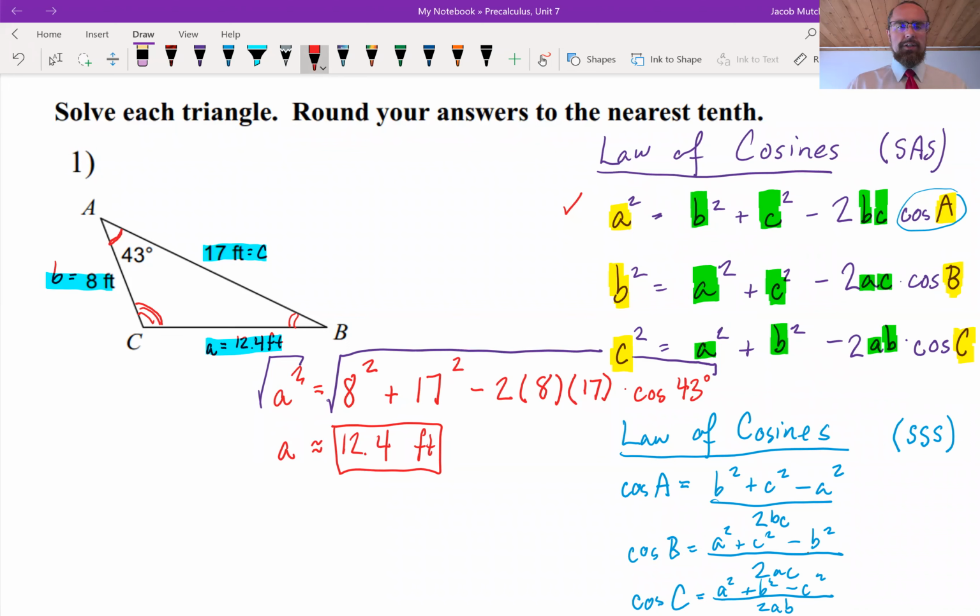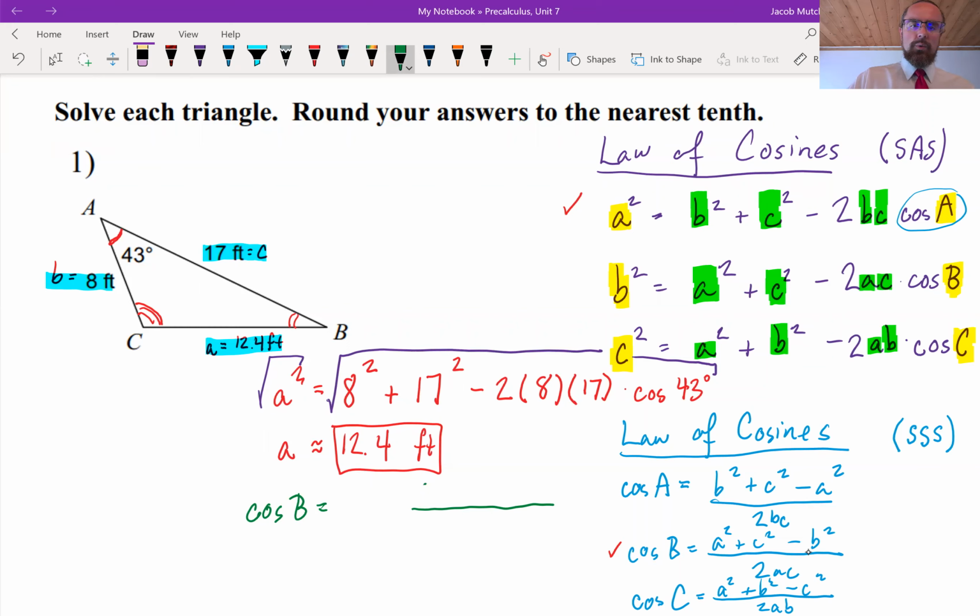So for us, let's start with angle B. So I'm going to choose that one that involves cosine of angle B. And I'll set it up the way that it is right here. So I don't know the angle. I'm going to just write cosine of B equals, and then I'm going to leave a gap for an operation we've got to perform in just a moment, but let's fill in A squared, C squared, and B squared.